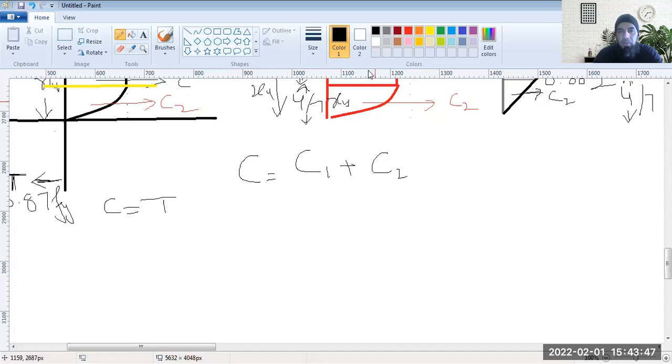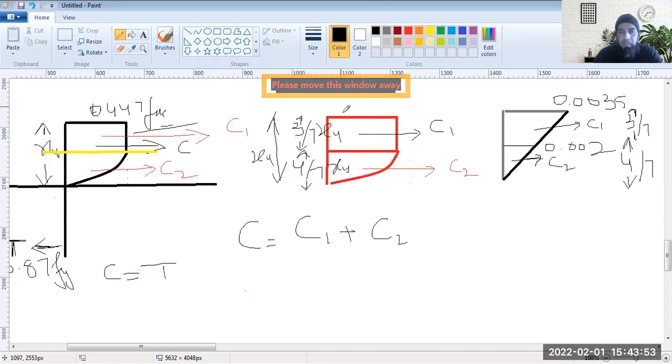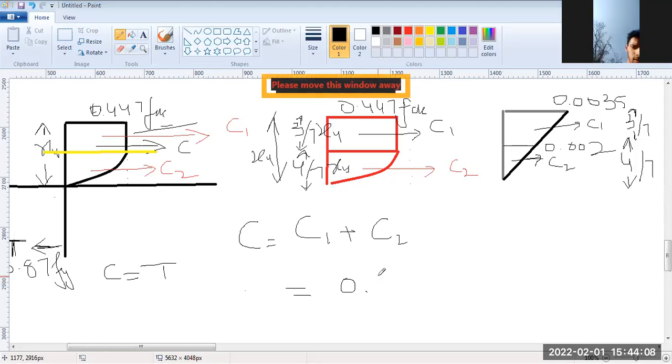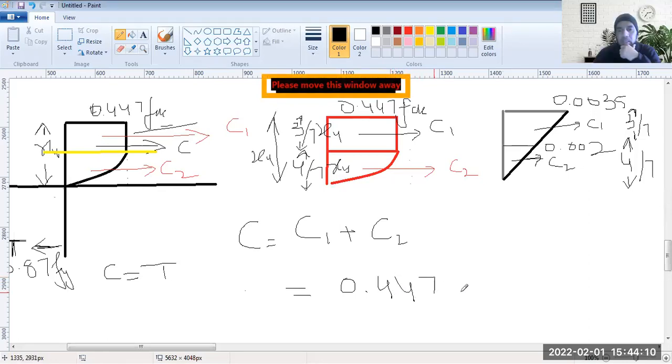Now, if I want to calculate C1 first, that's for the rectangular section. What is the stress in the rectangular block? It's again 0.447 FCK. The maximum one is 0.447 FCK.